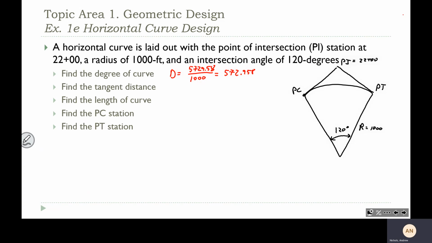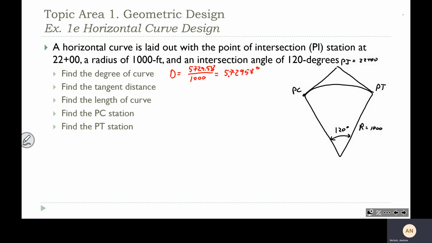That divided by 1,000 is 5.72, and this is in degrees. I'll keep all the digits. So that's in degrees.